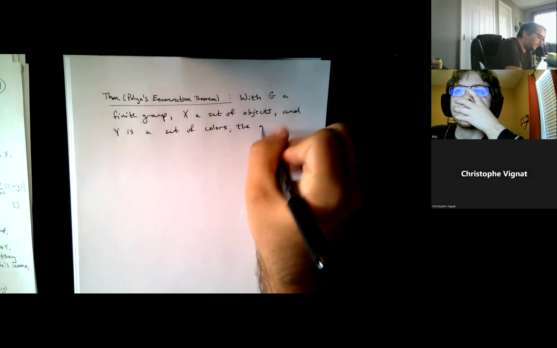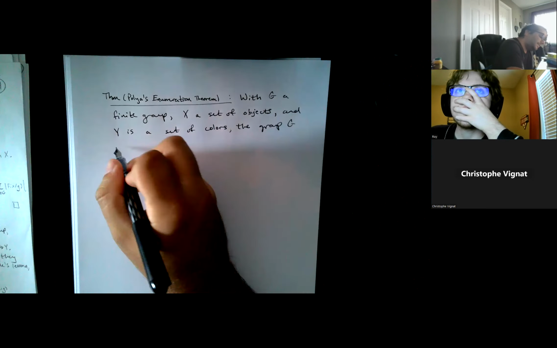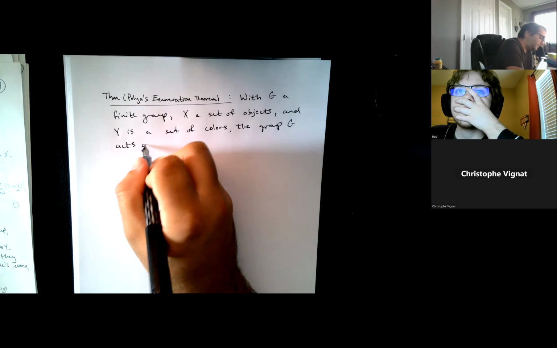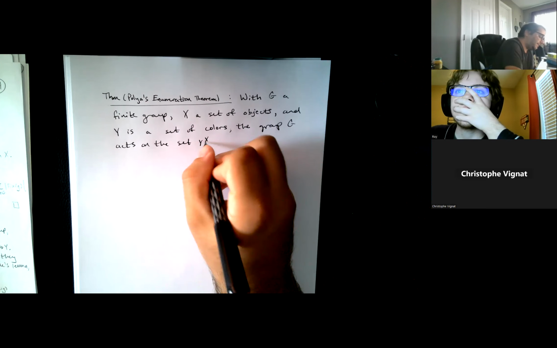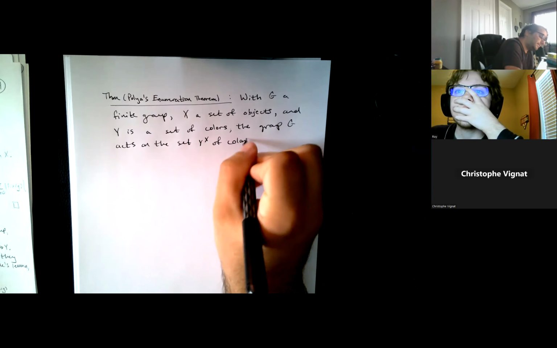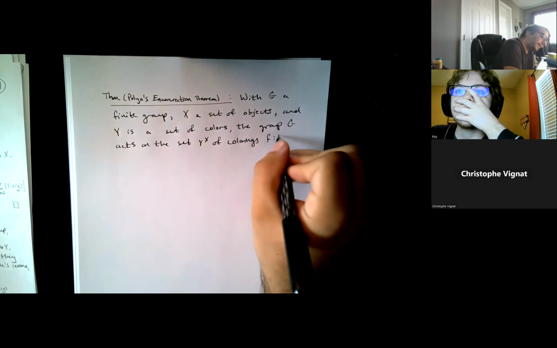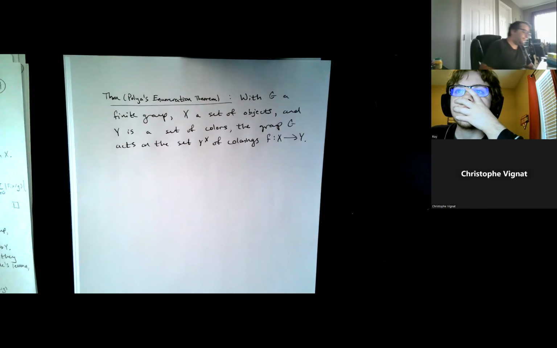The group G acts on the set Y^X of colorings f from X to Y. So how does it do that? Well, for every object in X, f assigns a color. So once you have an assignment of all the colorings, we'll just permute them according to the element of the group.